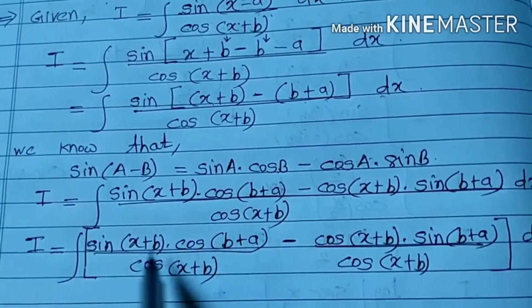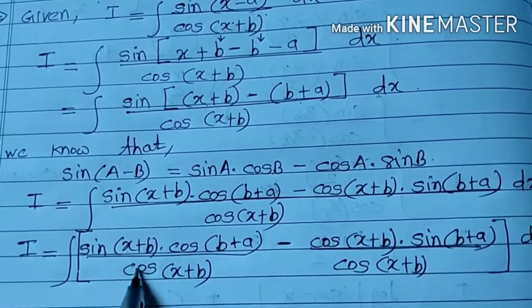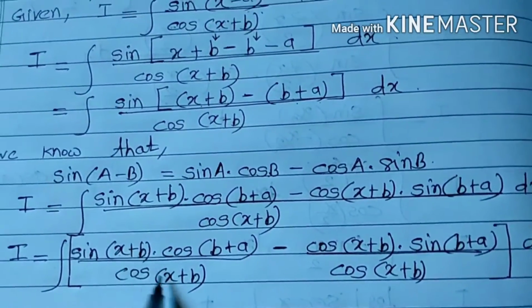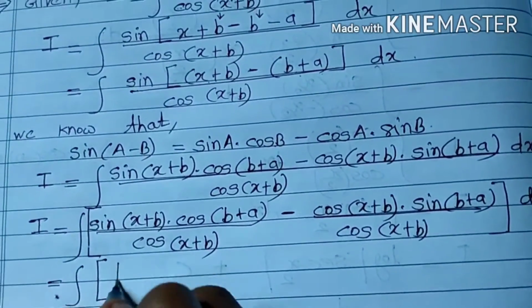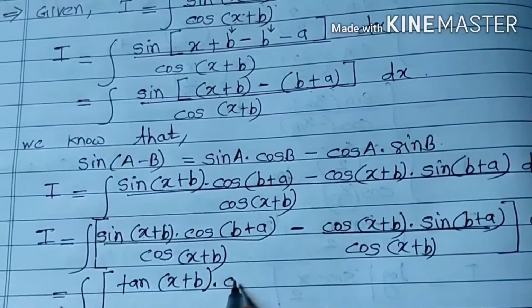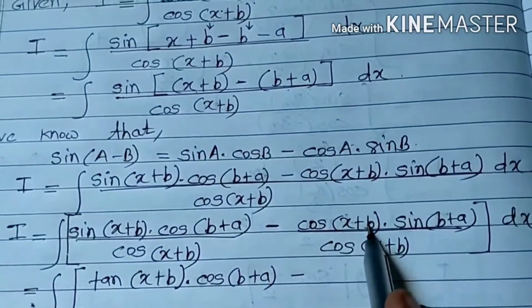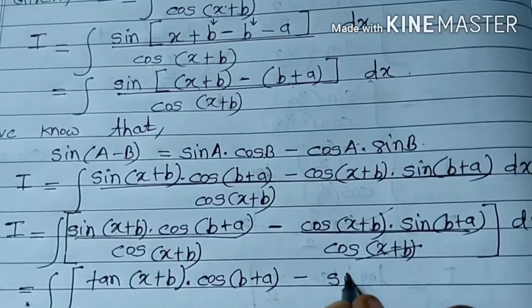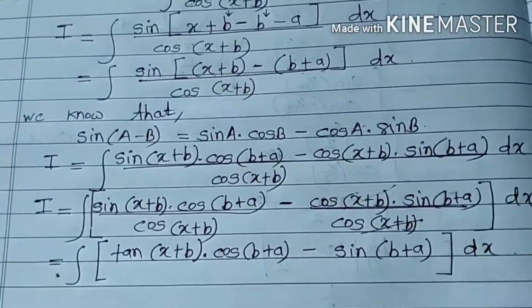Now sin(x plus b) upon cos(x plus b), so it is tan(x plus b). Student note that here the angle is the same, that's why it will become tan(x plus b). So integration of tan(x plus b), and here is your cos(b plus a) as it is, minus cos(x plus b) upon cos(x plus b) will get cancelled, and only remaining sin(b plus a) into dx.